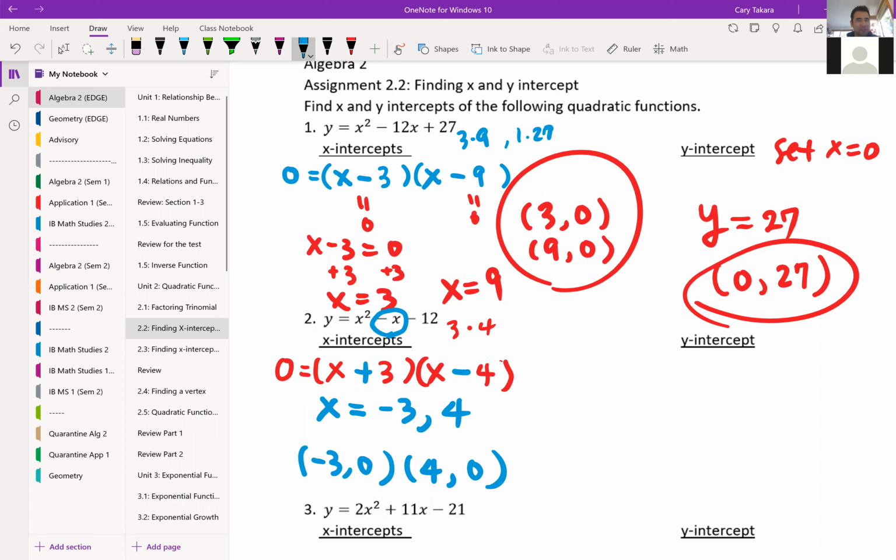How are you guys doing on that? Did you get that? And then the y-intercept is just going to be that last number. It's that negative 12, isn't it? So it's y equals negative 12, or 0, negative 12. That's it. That's number 2.